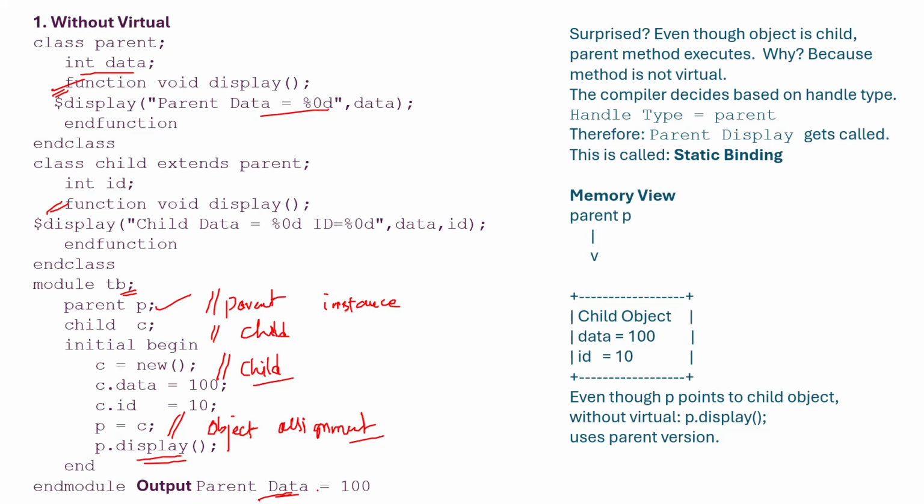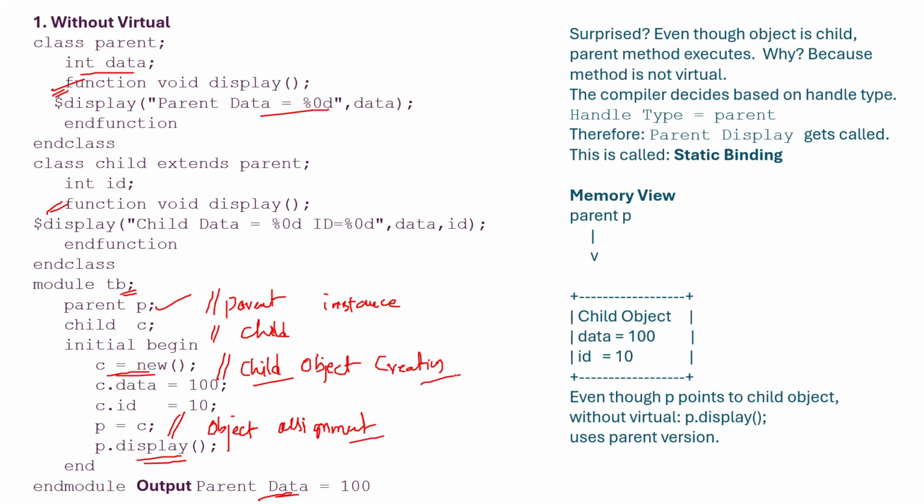Object creation is this: C equal to new. This is the object creation, and you are creating the object for the child. Then methods will be executed by using the object. Clear? This will be applied in your polymorphism topic.